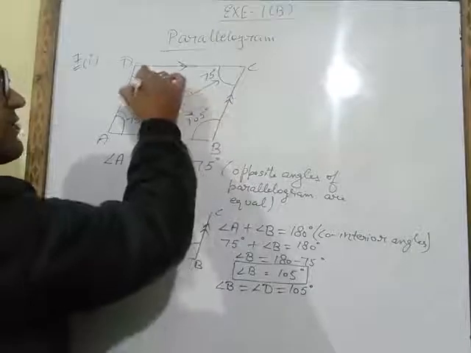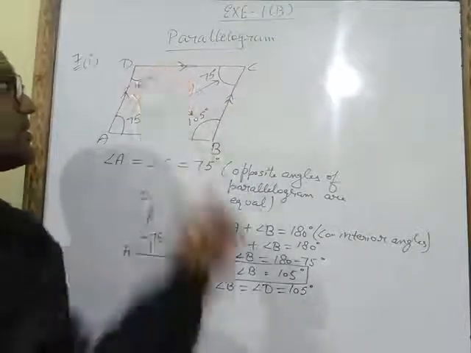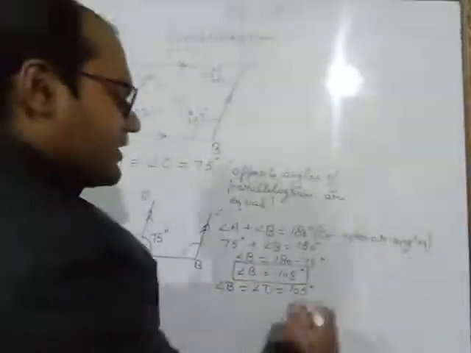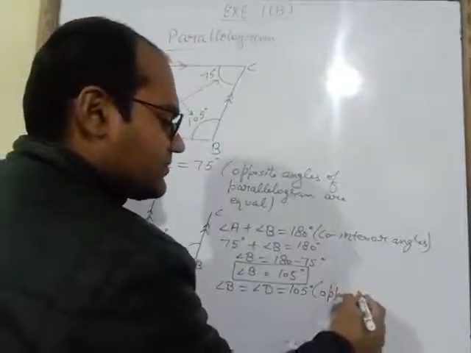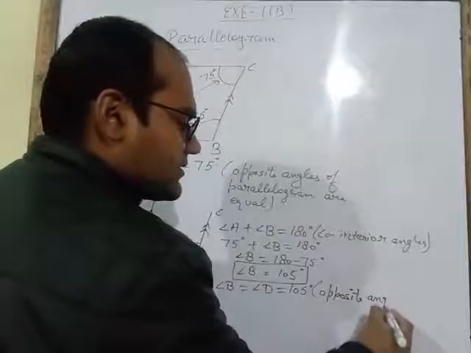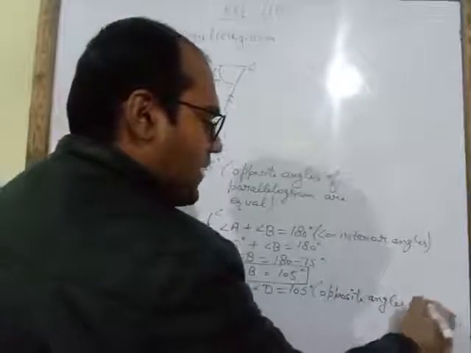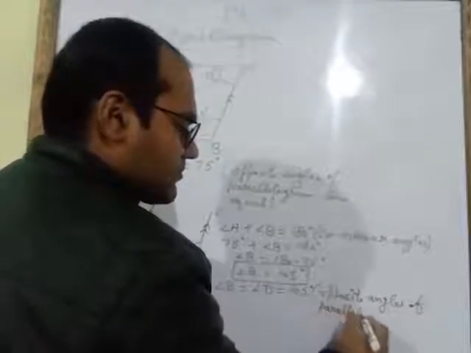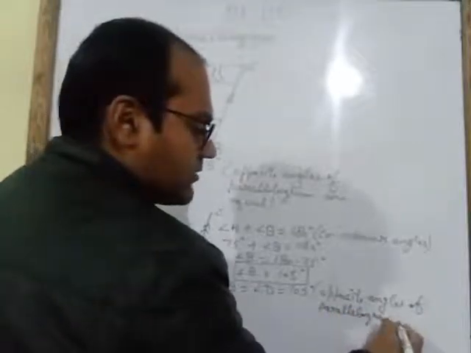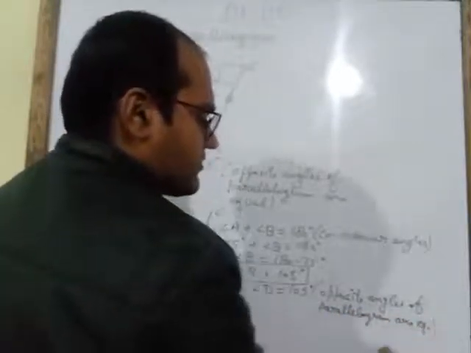This angle will also be 105 degrees, and the reason we have to write in the bracket: opposite angles of a parallelogram are equal. So like this we have to find all the 4 angles here.